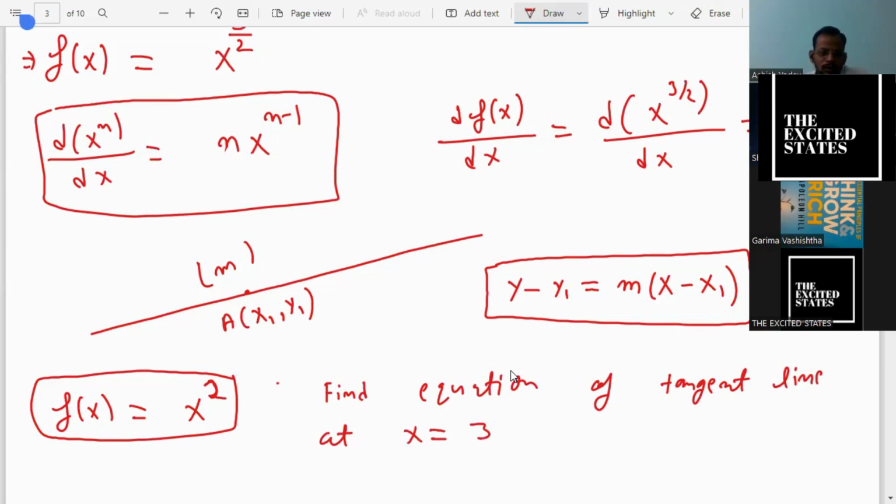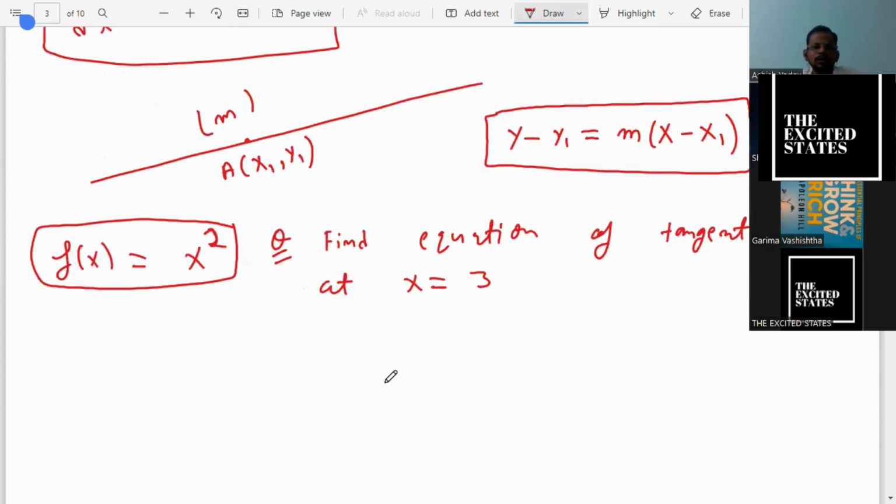So this is the question. The equation of the tangent line at x equal to 3. That means when x equal to 3, what will be y?